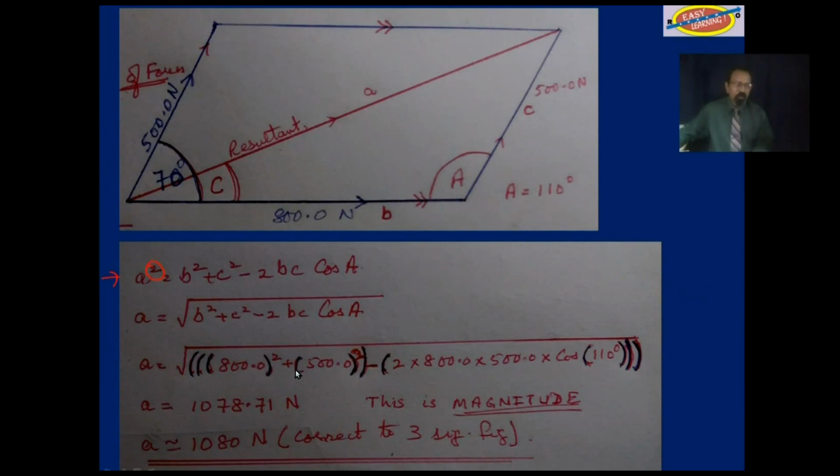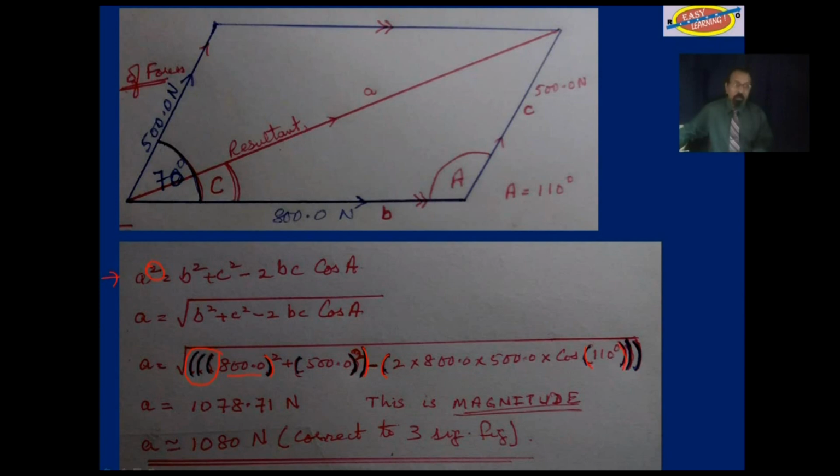So if I want to do this all in one step, I will start with the square root, open brackets, then open bracket 800.0 close bracket squared plus open bracket 500.0 close bracket squared, and we close a bracket there, minus an open bracket here, 2 times 800.0 times 500.0 times the cosine of 110, and we close it with 3 brackets.